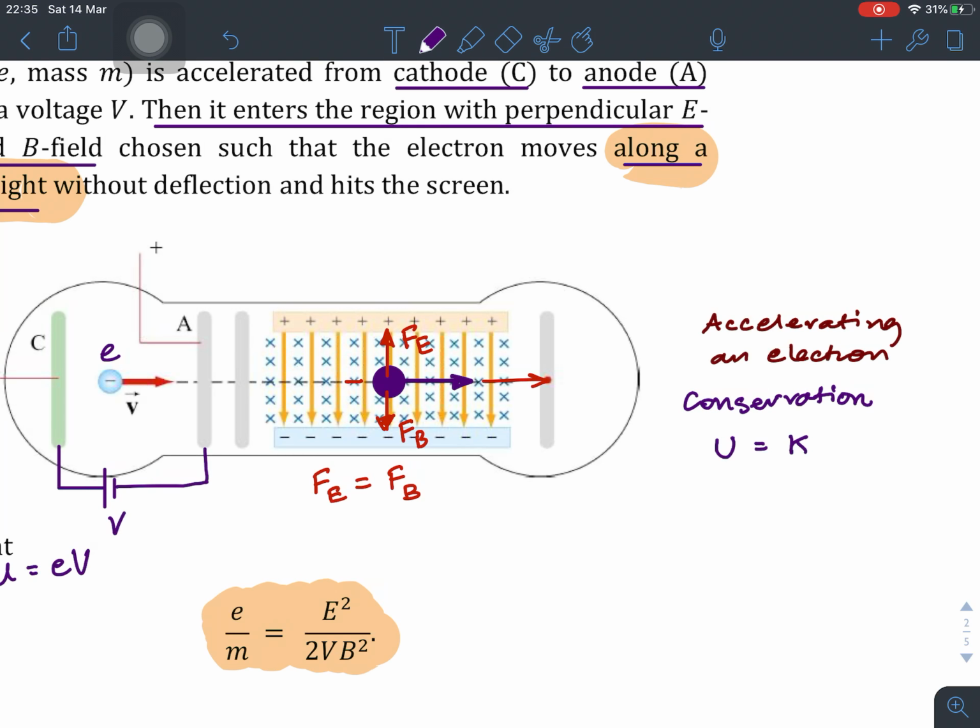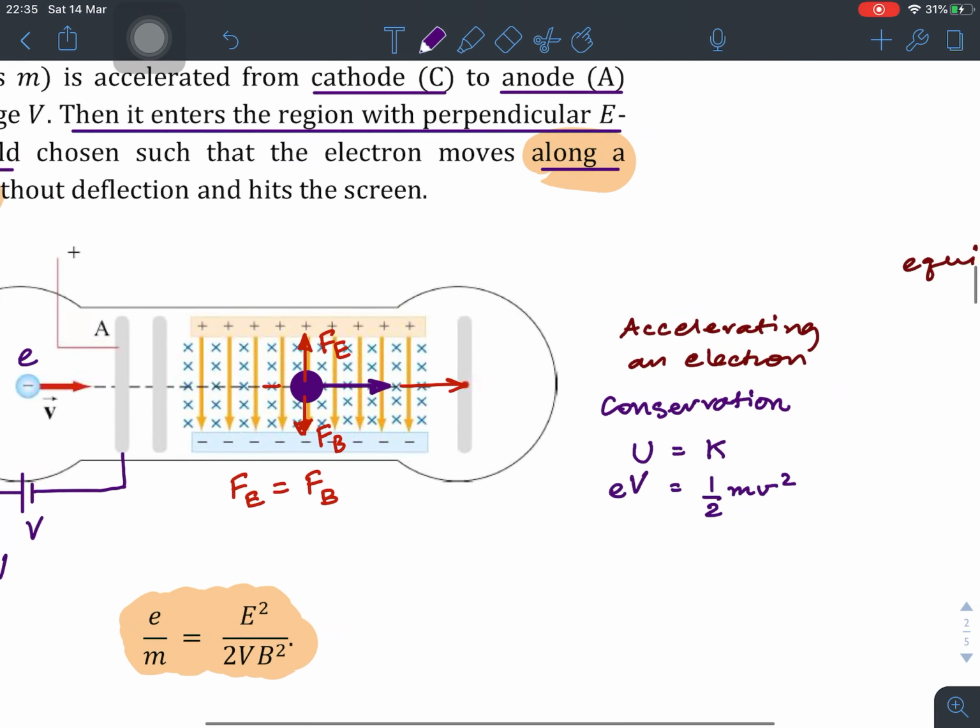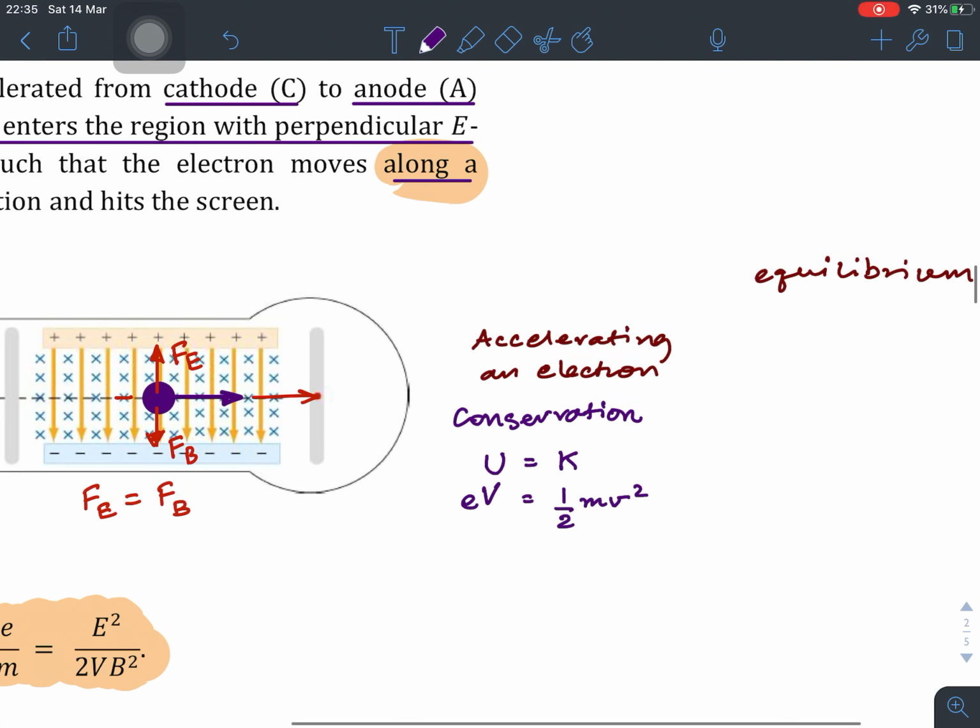The potential energy can be found from eV, and the kinetic energy when the electron moves can be found from half mv squared. So we have one relationship from the conservation of energy.